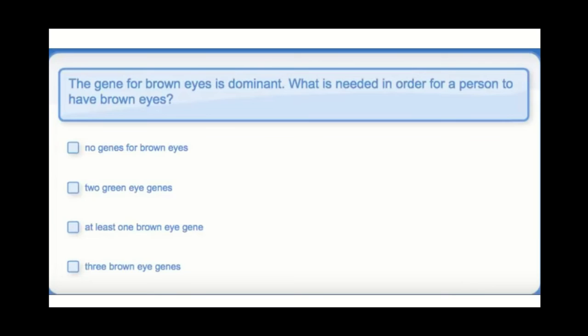So the question here is, how does the child get brown eyes? Number one is no gene of brown eyes. Two green eye genes. At least one brown eye gene, or three brown eye genes.